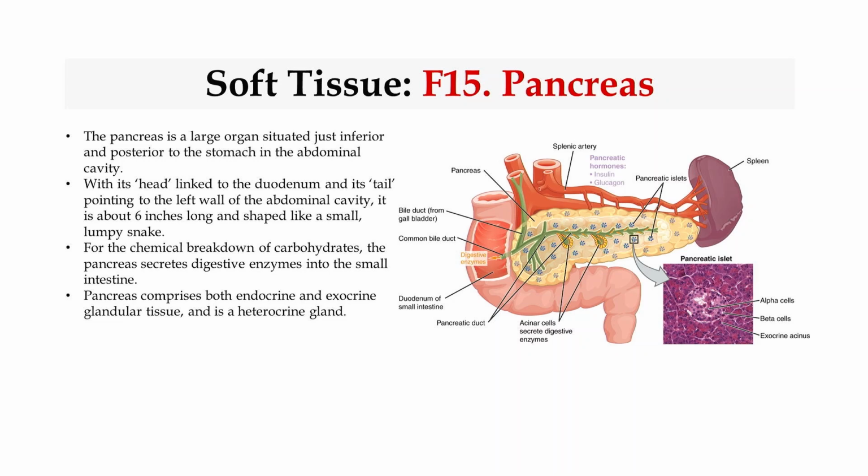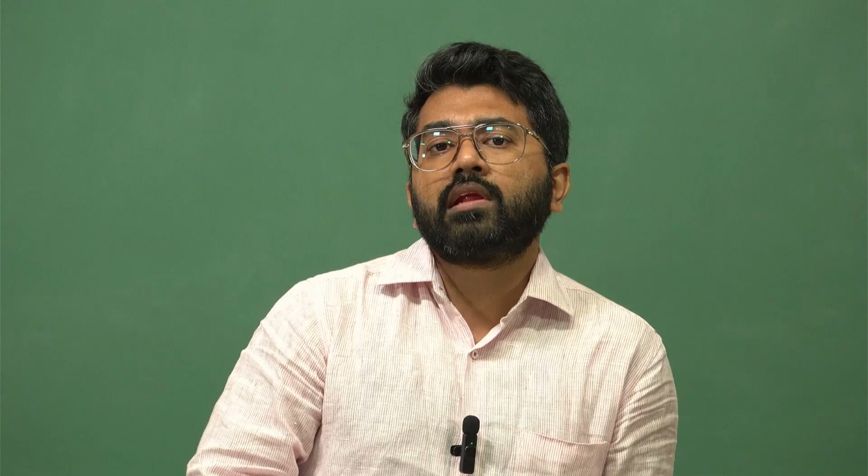The pancreas has the acinar cells, which secrete the digestive enzymes. You have the pancreatic ducts, the duodenum of the small intestine where it ends, and the pancreatic islets. You have the alpha cells, beta cells, and exocrine acini. These are different components at a microstructural level.